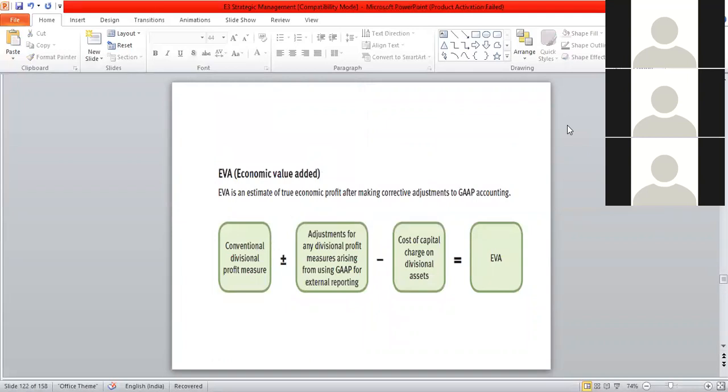There's another topic called economic value added. Did you ever learn about economic value added?